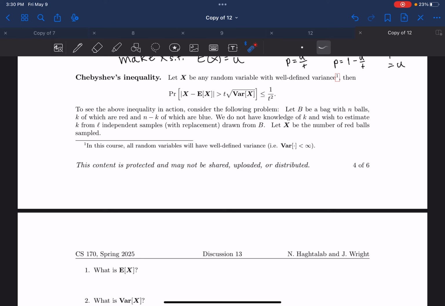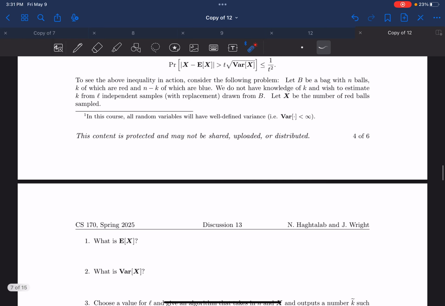We don't know what k is, but we want to estimate k from L independent samples with replacement drawn from B. Then we're told to let x be the number of red balls sampled. Essentially, we're sampling a subset of the balls, and from there we're going to try and predict our value k, given our ratio of red balls over our number of samples drawn. First, we're told to figure out E of x. As a reminder, x equals the number of red balls sampled.